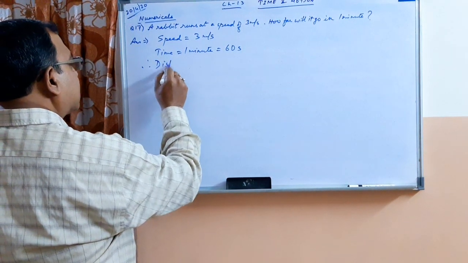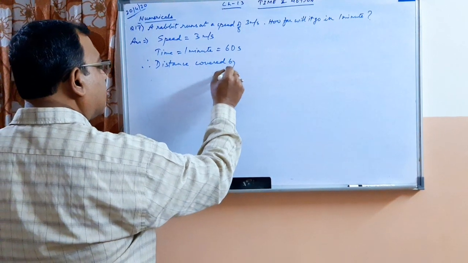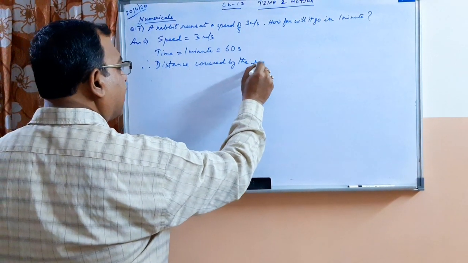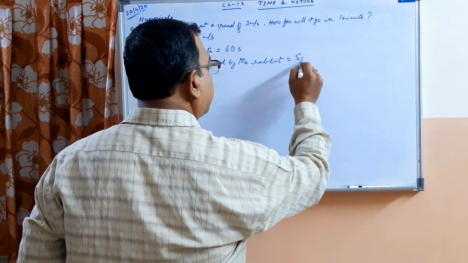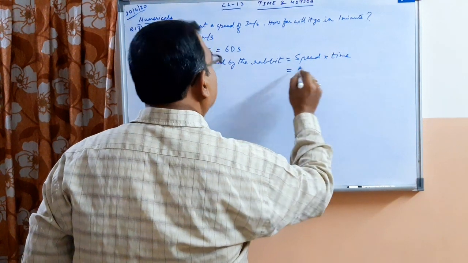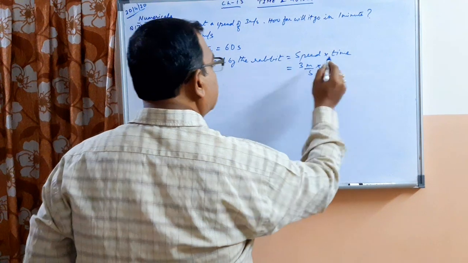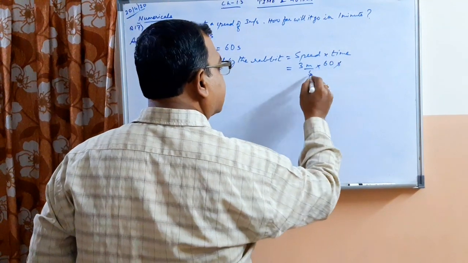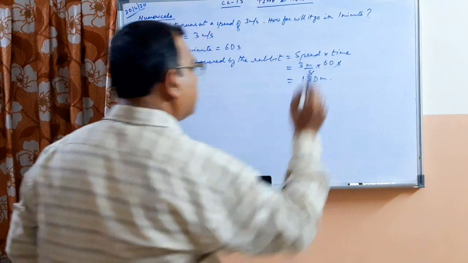Therefore, distance covered by the rabbit is equal to speed into time. So that is 3 meter per second and time is 60 seconds. Second gets cancelled. So that comes to 180 meter.